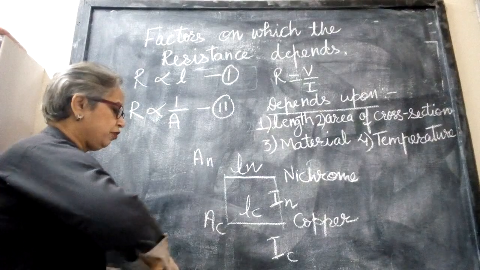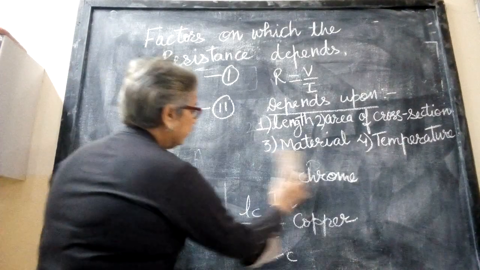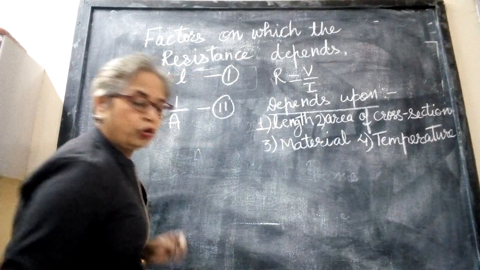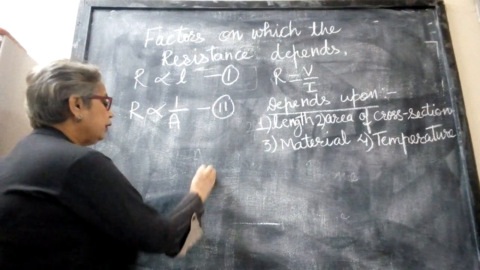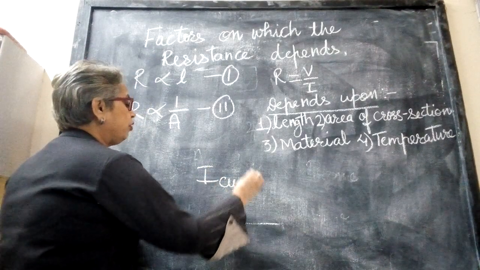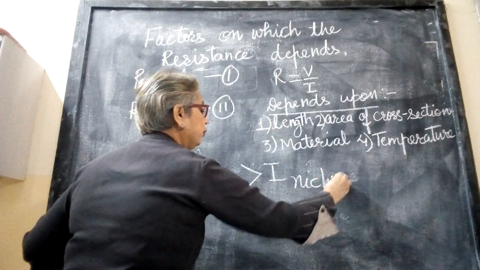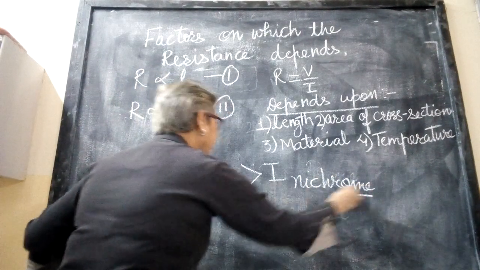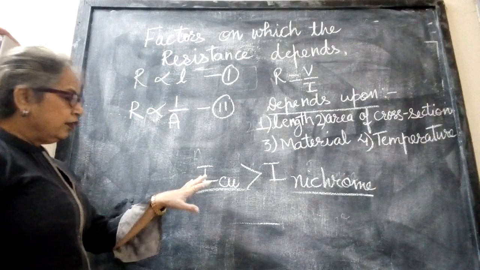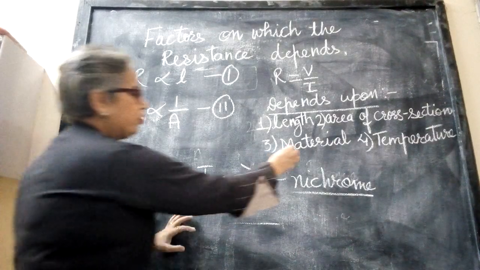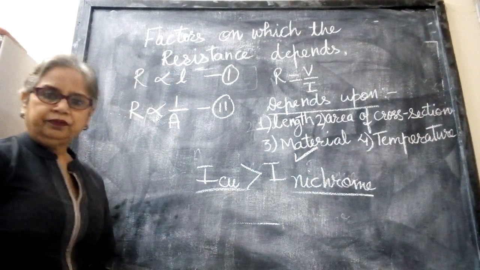What is your observation? That the current through copper wire is greater than current through nichrome wire. It means the resistance also depends upon the material.